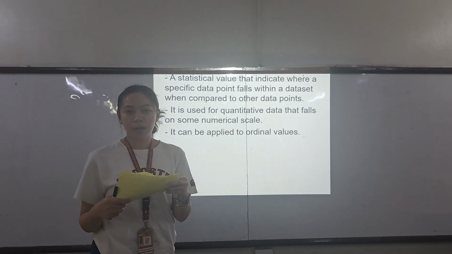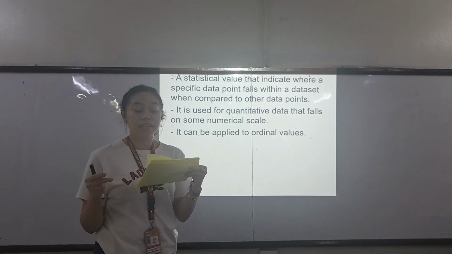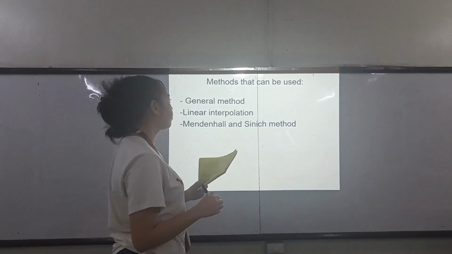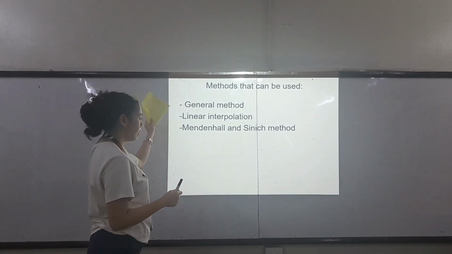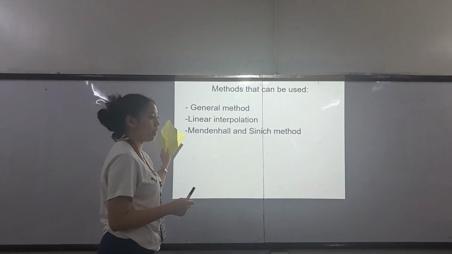And if you're curious about what ordinal values are, they are the values that are not evenly distributed. We have methods that we can use to solve: the general method, linear interpolation, and mental execution method.